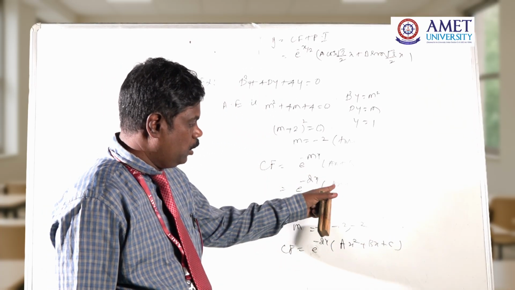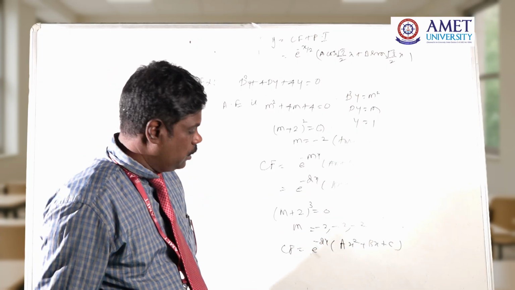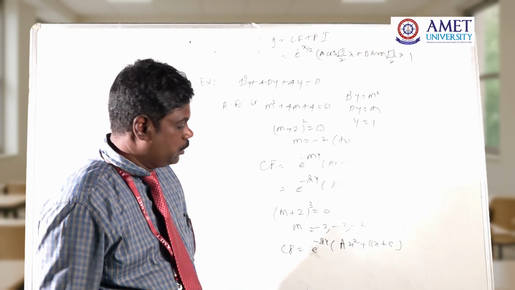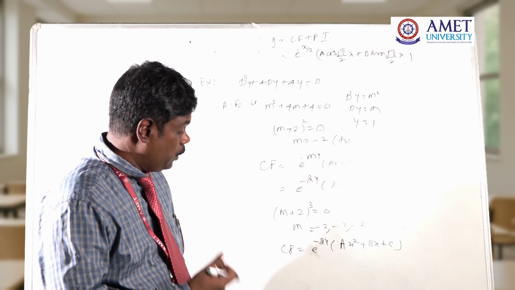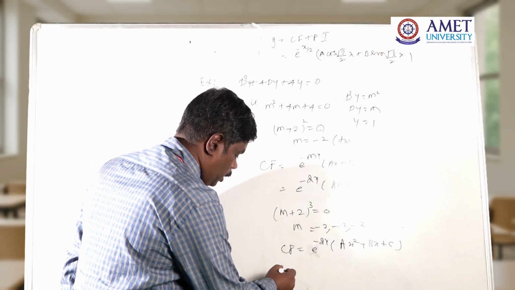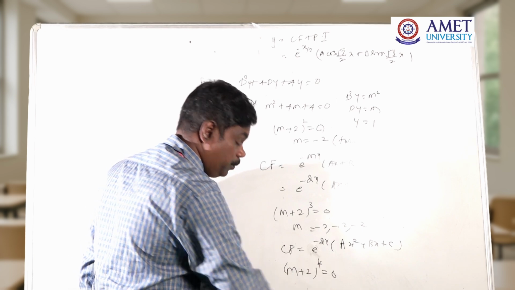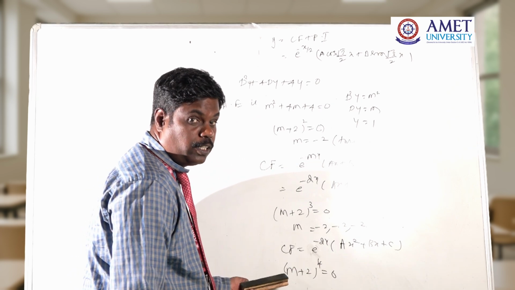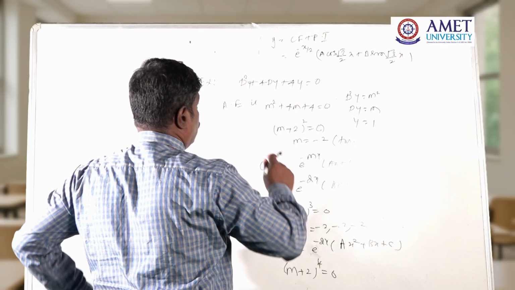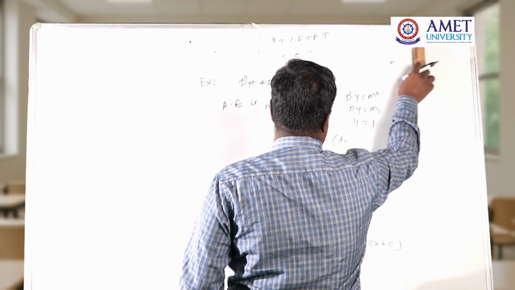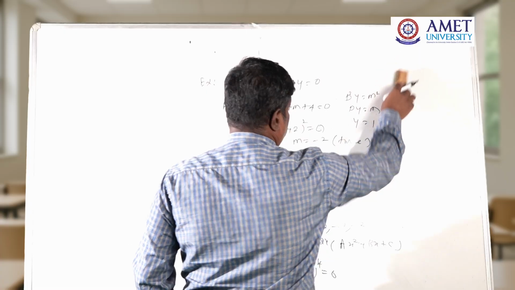If it is second order, 2 arbitrary constants will exist. If it is third order, 3 arbitrary constants will exist. Now tell me the answer for (m plus 2) whole power for fourth order. How many times will the 2 be repeated? 4 times. Yes, that is correct.